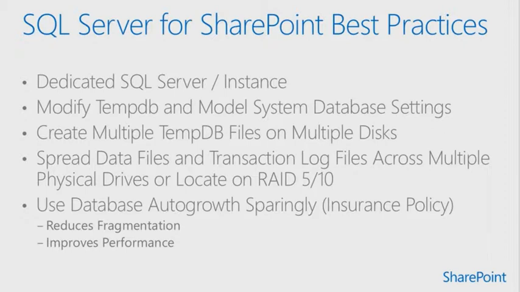I think one of the things you need to think about is that auto growth is, as stated in the slide, an insurance policy. So you definitely don't want to use auto growth as your catastrophic recovery option. You want to use it sparingly. Typically the recommendation from a performance perspective is to just size your databases appropriately.